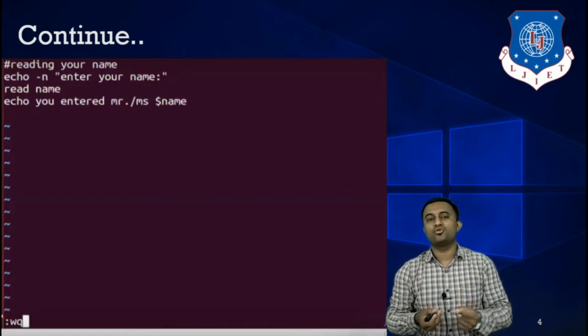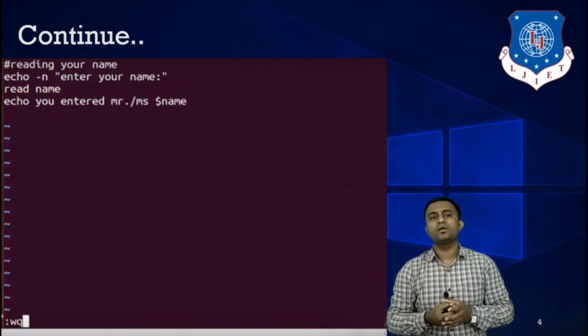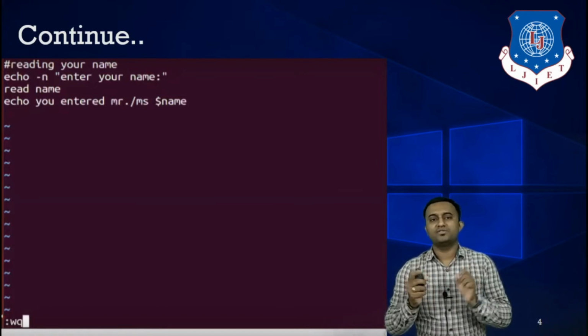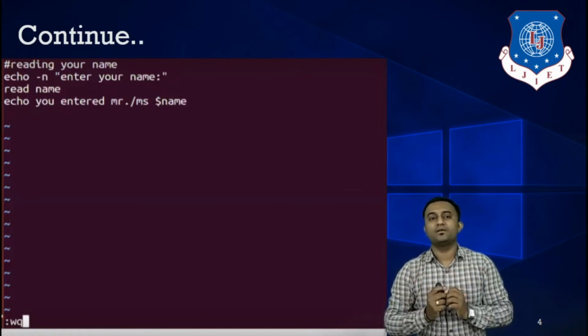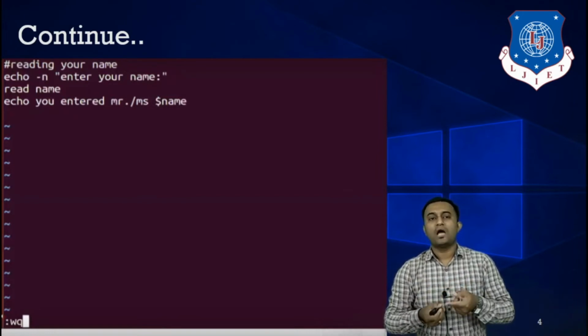The -n option keeps the cursor on the same line, so it will ask for the input there. I have mentioned "Enter your name" in double quotation marks. Now I am reading that value: read space name.